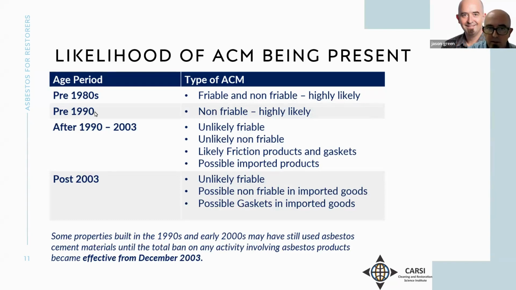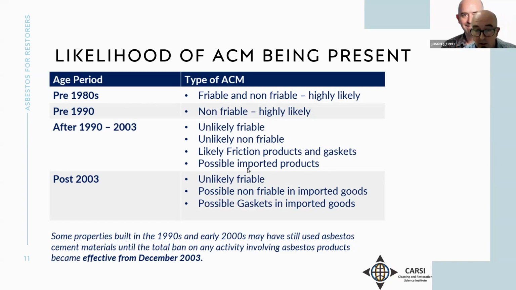And then moving up into your 1990s, you're going to be finding those bonded and non-friable materials. And then up to 2003, which is a key time when all asbestos was banned within Australia. So you're only going to be finding small pockets of asbestos materials there, friction pads, gaskets, things like that.